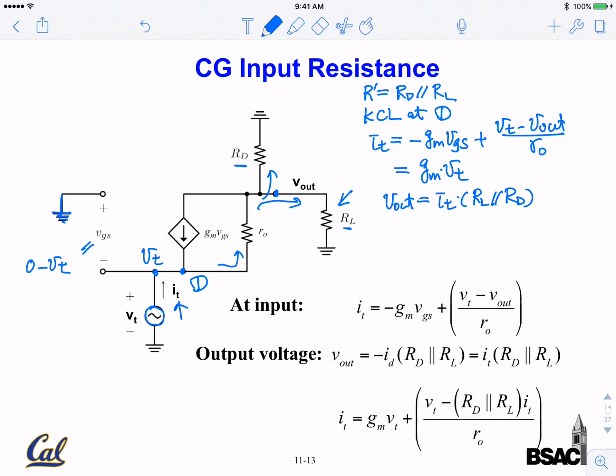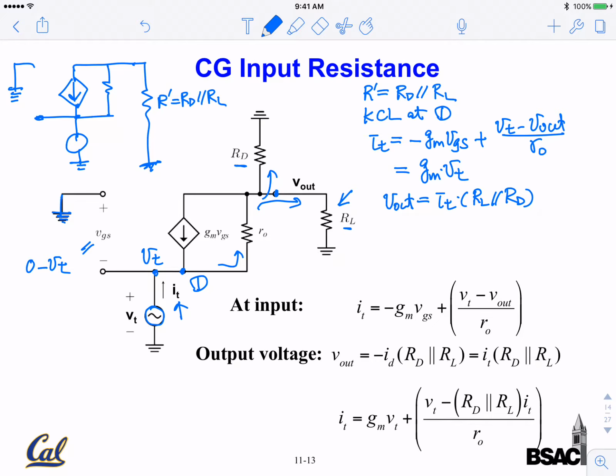It will be a little bit clearer if I redraw the equivalent circuit here. This is my test voltage, and here is my R prime equal to RD in parallel with RL.